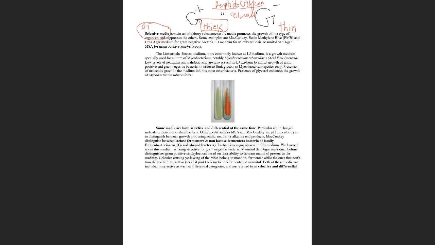Oh, okay, good. Great. So now here are some examples of selective media, and it's very important that you guys know that for your quiz next week as well. Not only the definition of selective medium, but also some examples. So here are some examples of gram-negative selective media: MacConkey, EMB, also known as eosin methylene blue, urea agar.